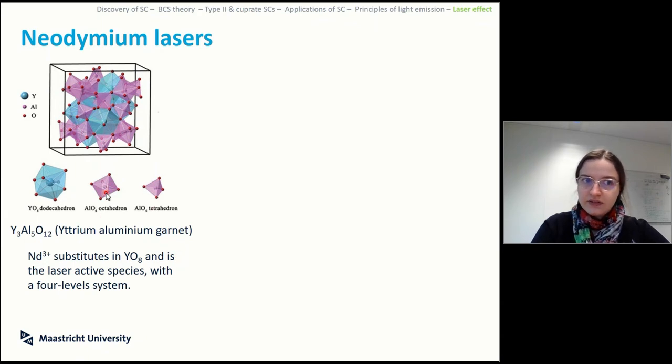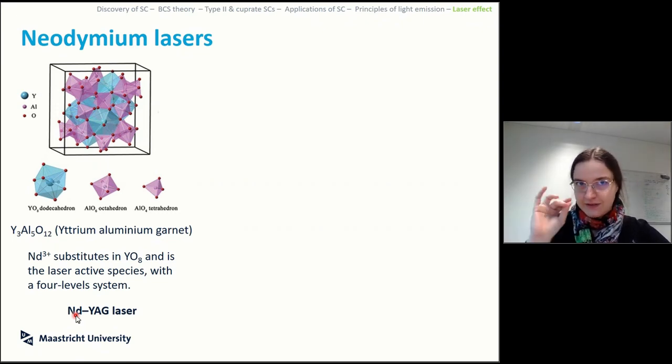You have different types of coordinations, and when they are put in this arrangement specifically, it becomes a garnet. Now you have a neodymium type of doping, so you substitute yttrium with neodymium, you do some doping into the structure, and what you end up with is something called the Neodymium YAG laser.